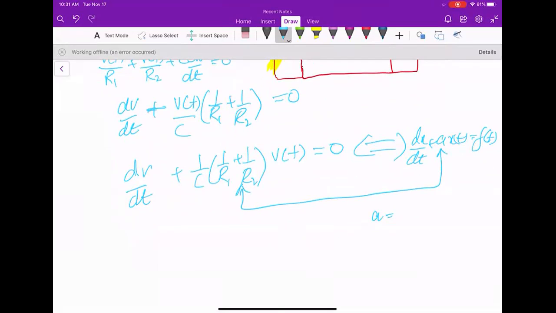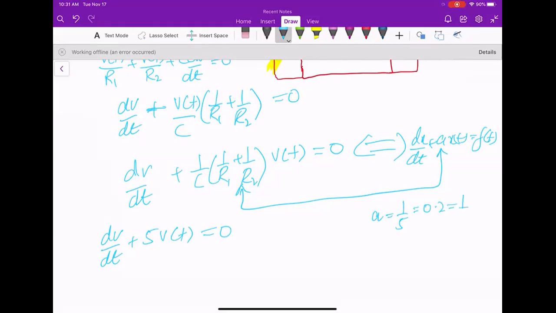And I think it should be this. So my A will be 1 by 5, that is 0.2.